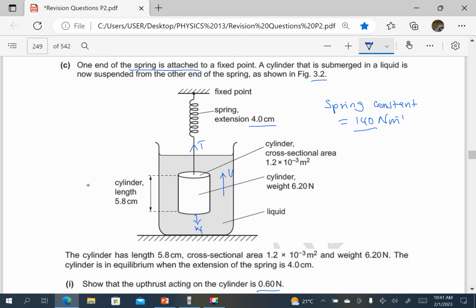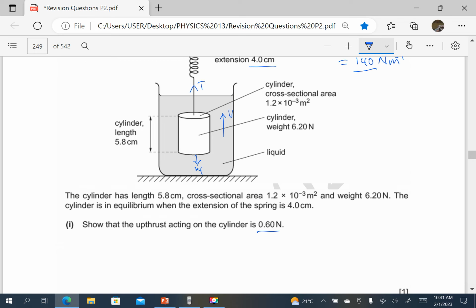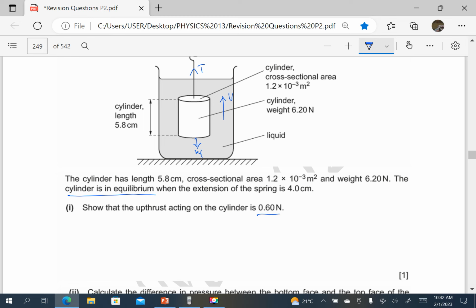We want to show that the upthrust is equal to 0.60. Remember, the cylinder is in equilibrium. That means the resultant force on it is 0. Therefore, the tension plus the upthrust, those are the forces acting upwards, should be equal to the weight downwards.